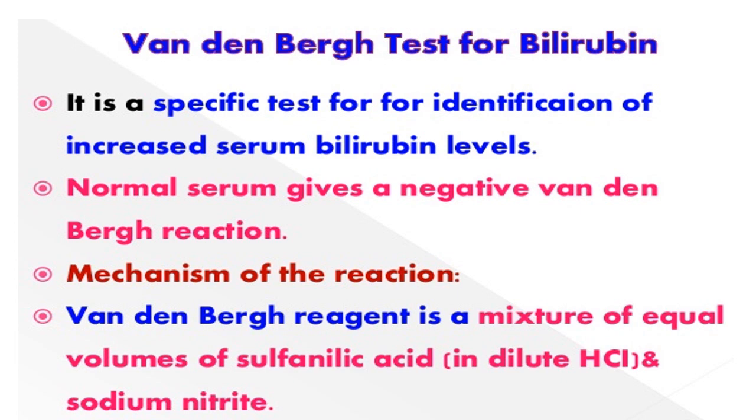The Van den Bergh test is a specific test to see that there is an increased level of bilirubin. If you have a normal serum level, then the Van den Bergh reaction is negative. What is the reagent? It is a mixture of equal volumes of sulfanilic acid in dilute hydrochloric acid and sodium nitrite.